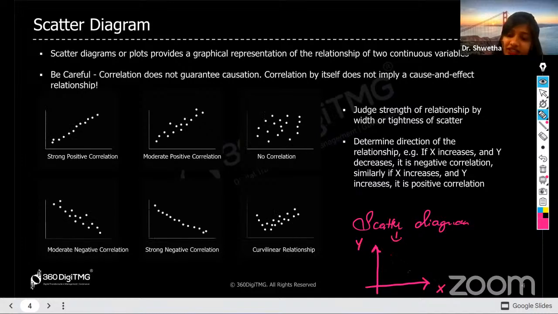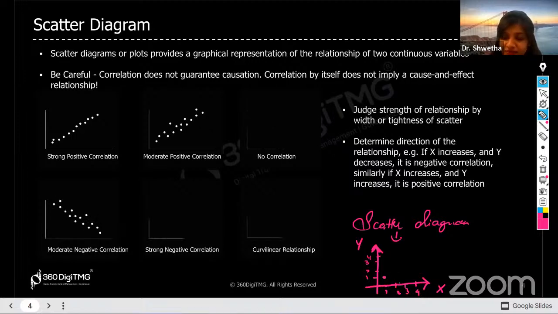Now, taking these two variables, you can find the relationship between them. How to understand the relationship? Say, if one data point is here, let me add some values. When x is 1, y is 1. And there is another data point, x is 2 and y is 2. There is another data point, x is 3 and y is 3.